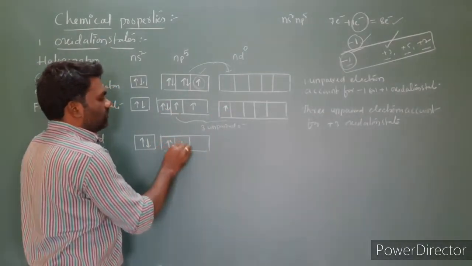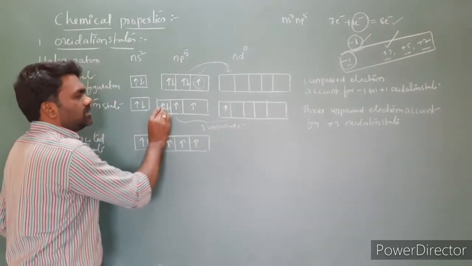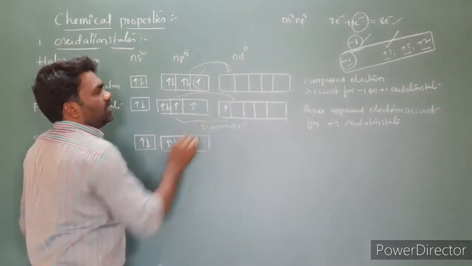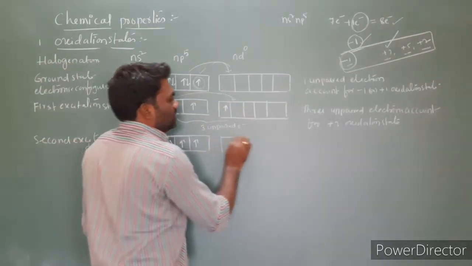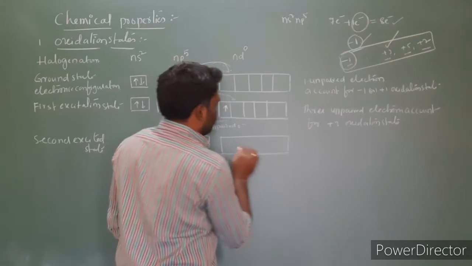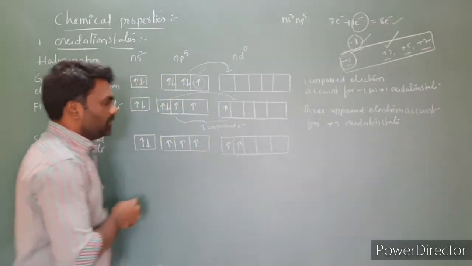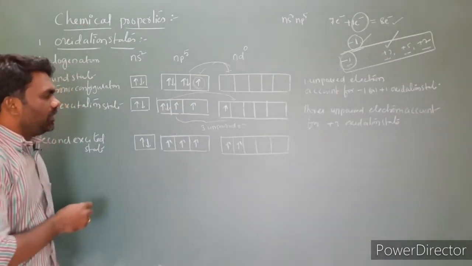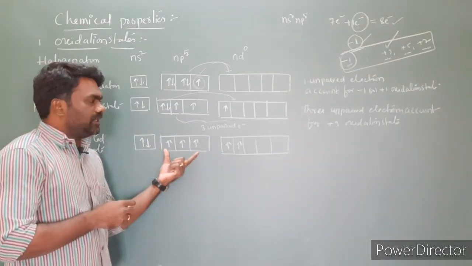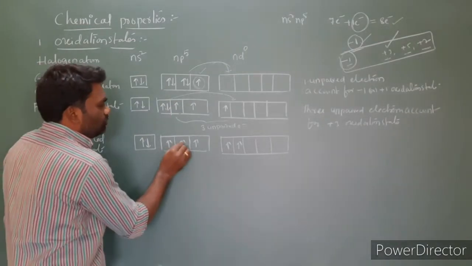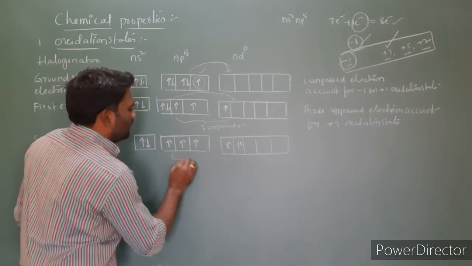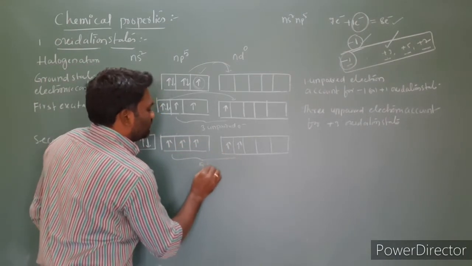The number of electrons in the p orbital becomes 3 only. As a result, we get a d2 configuration. Looking at the number of unpaired electrons in these orbitals, 1, 2, 3, 4, 5, there are 5 unpaired electrons.